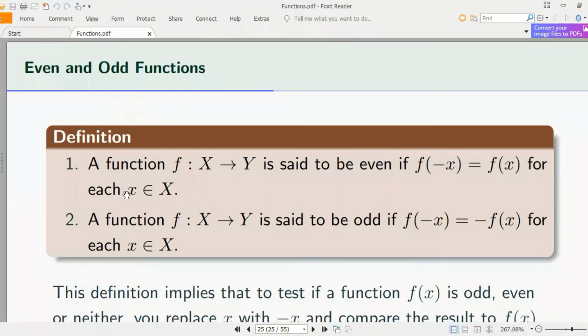By definition, a function assigning elements of x to those of y would be said to be even if f of negative x is the same as f of x for each x in X. Another function f that assigns elements of x to those of y would be said to be odd if f of negative x would be the same as negative multiplied by f of x for each x.